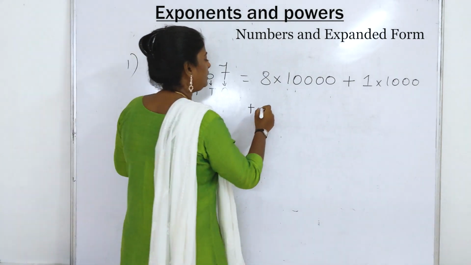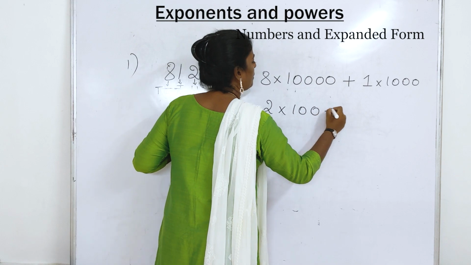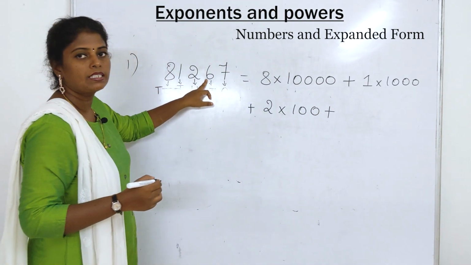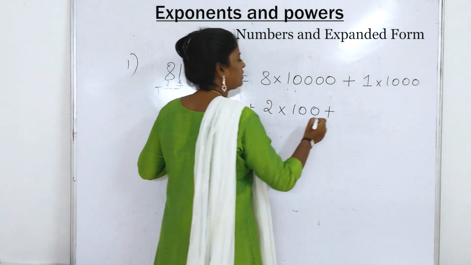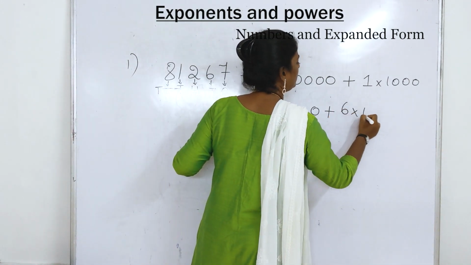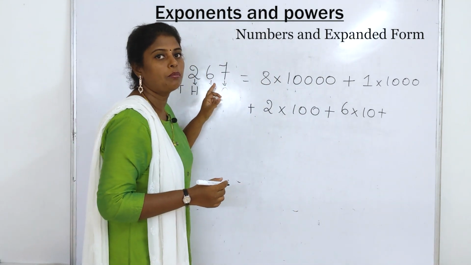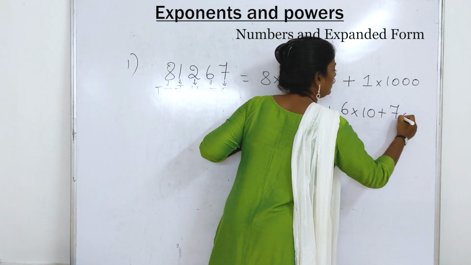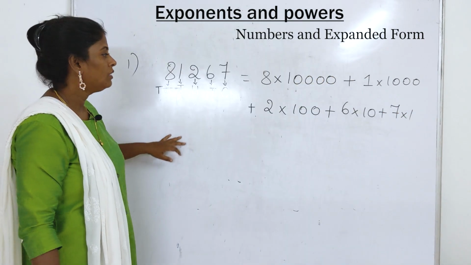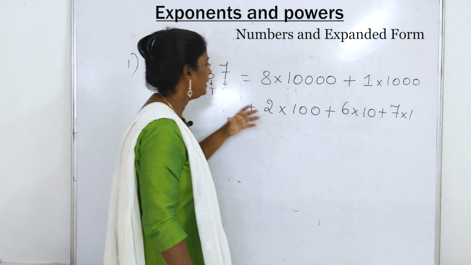So we have to write 2 into 100 plus 6 is in the tens place. So 6 into 10 plus 7 is in the ones place. So 7 into 1. So this is the way you have to expand the given number.